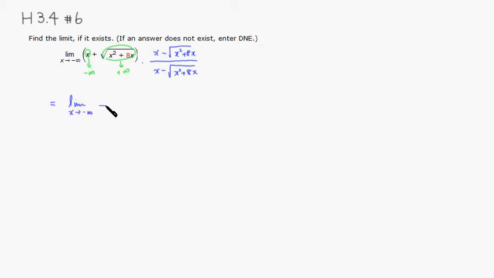On top, this is an a plus b, a minus b deal, so we have x squared minus that guy squared, so we have x squared plus 8x. And on the bottom, we just have to copy it down.